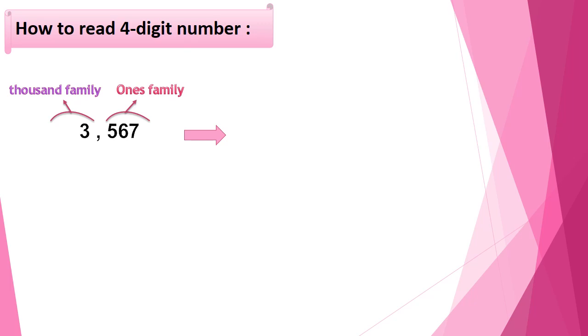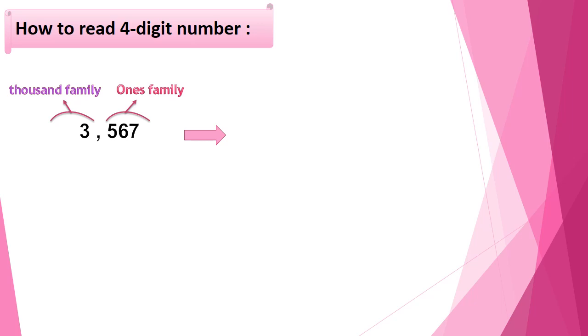When I want to read, I must start now from the left. To read the 4-digit number, we start from the left. But to put the comma, we start from the right. So the first step, put the comma after the 3 digits from the right. But to read, we must start from the left. Here in the left family, it's called the 1000 family, we have 3.